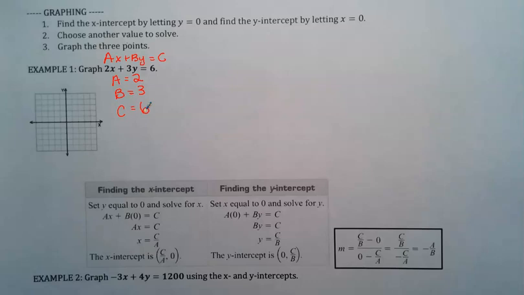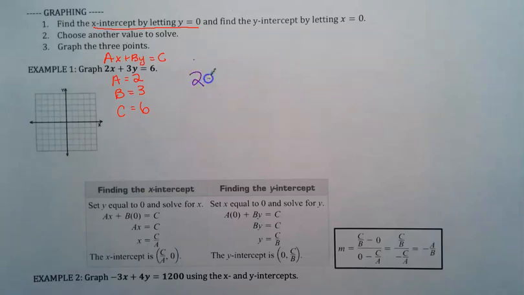But we can use this to find our graph, okay? So we're going to find the x-intercept by letting y equal 0. So we're going to say ax plus by, I'm going to put a 0 there, equals, pardon me, let's go back to the actual equation and solve it.